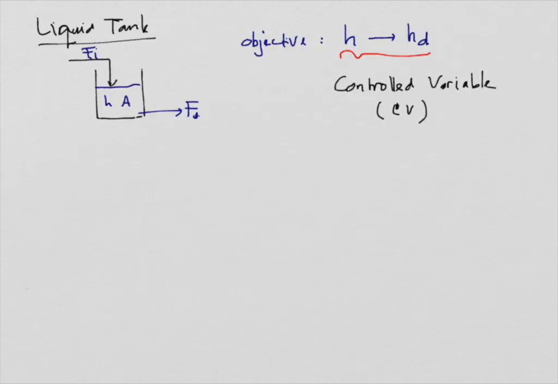Okay, here we have the HD, the level of liquid, as the control variable. So we identified what we have in variable here. Input variable. What is the input variable? Fi, might be Fi, okay.